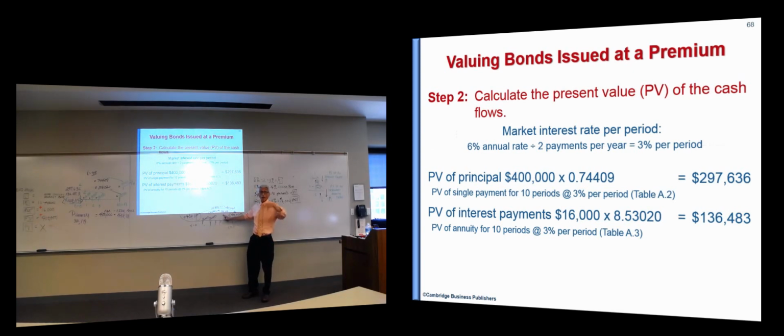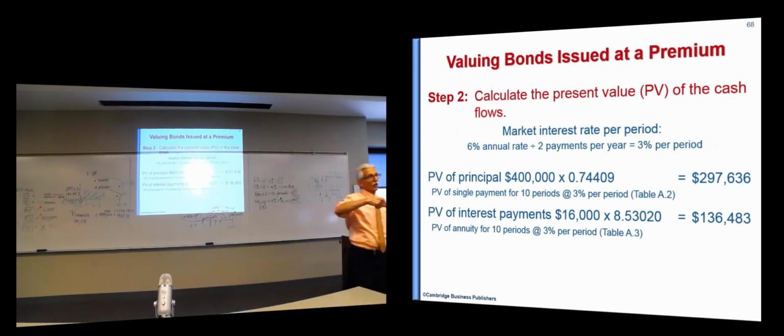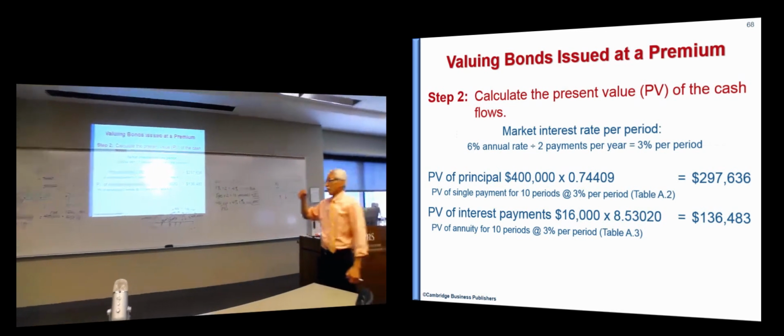Your cost of borrowing has to drop. If you're taking $34,119 more from investors than you have to pay them back, when I allocate this to each period, one way to look at it is I've got $34,119. I'm giving you $32,000 your first two periods. I'm giving you back your own money. Didn't cost me anything. So my interest has to go down. So the premium has to reduce the interest.